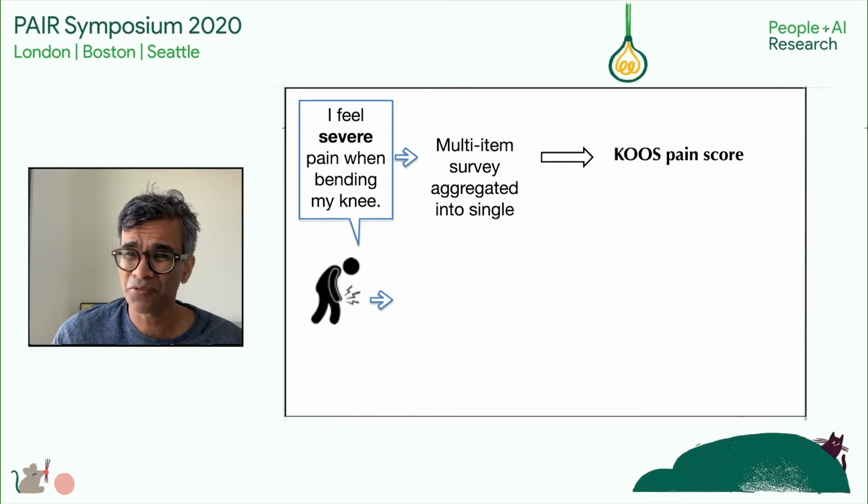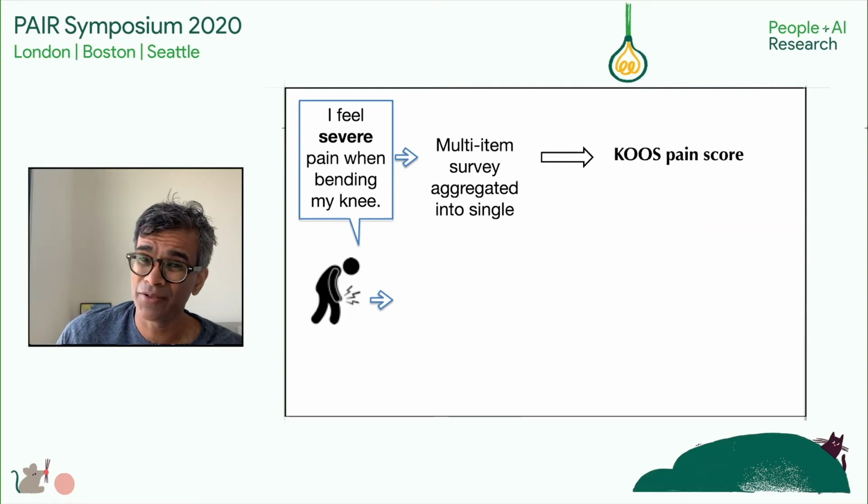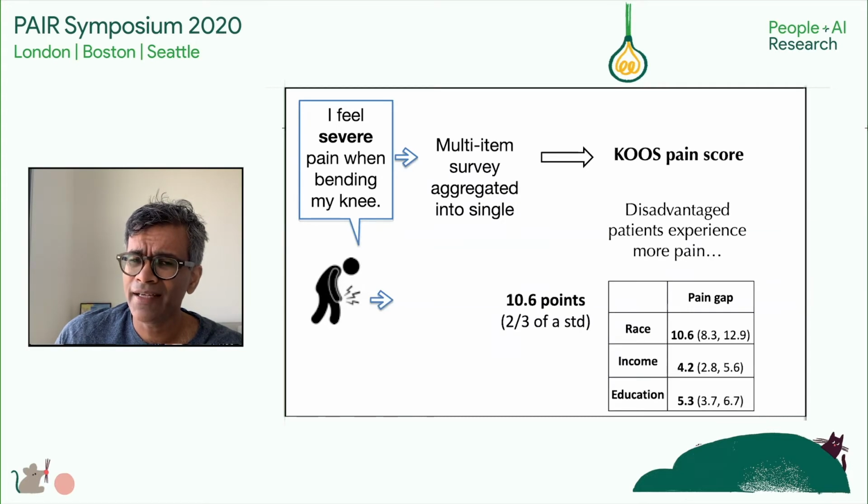What researchers have found when looking at the pain experienced by those with osteoarthritis is that the disadvantaged in the United States, African Americans, low income, lower education, experience much more pain, which is kind of tragic. They're not just disadvantaged socioeconomically, but also physiologically, they're experiencing more pain by quite a bit. It's about two-thirds of a standard deviation by race.